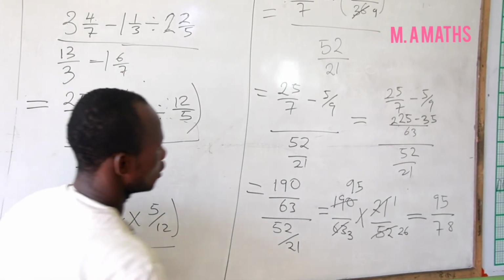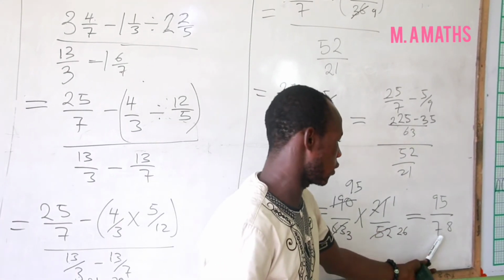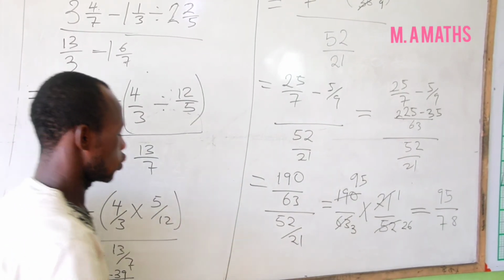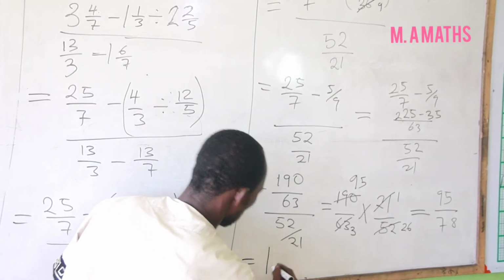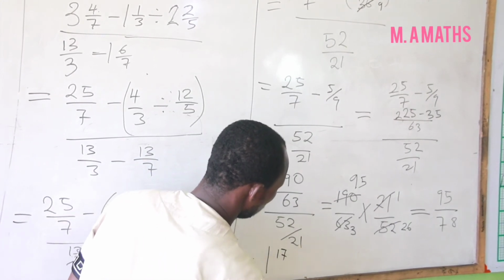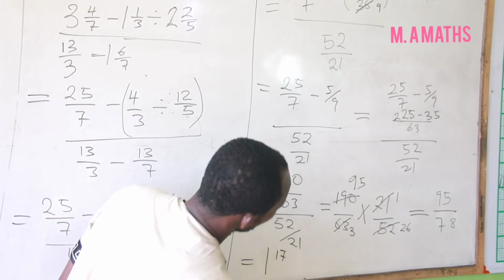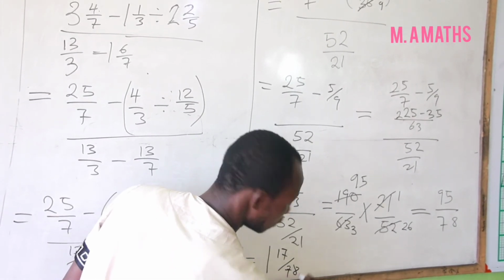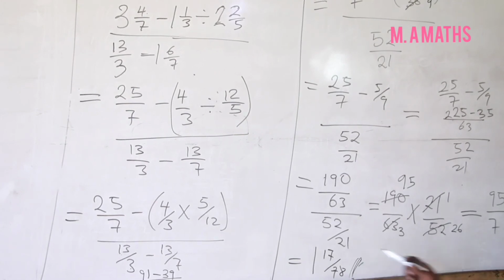How many times can 78 go into 95? That is 1. So this will give us one whole number 17 over 78. And this becomes your final answer.